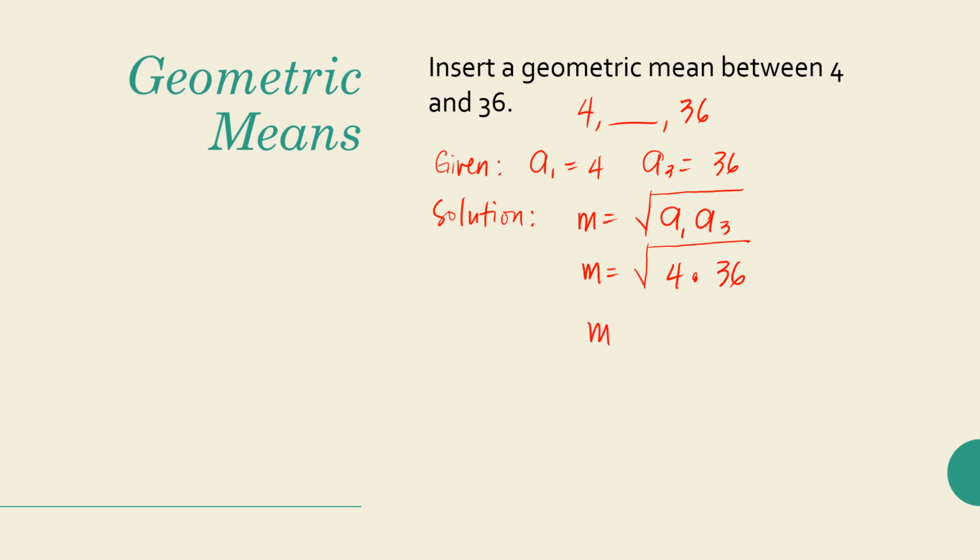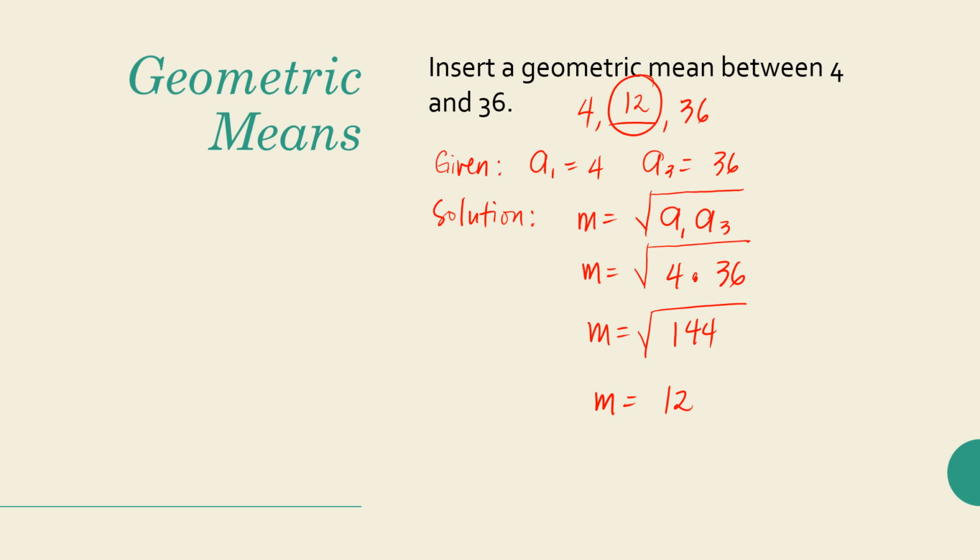The product of 4 and 36 is 144, and the square root of 144 is 12. So therefore, the geometric mean between 4 and 36 is 12. I hope that you understand.